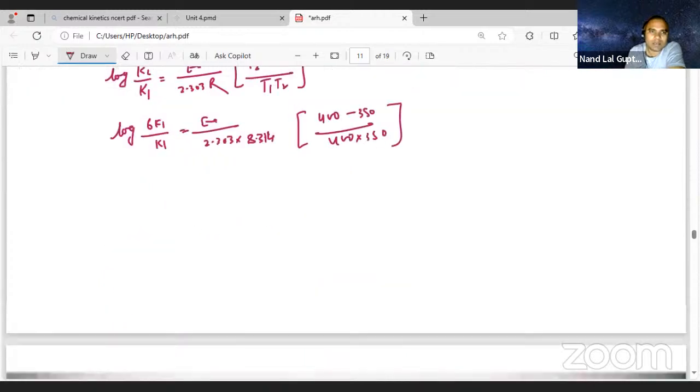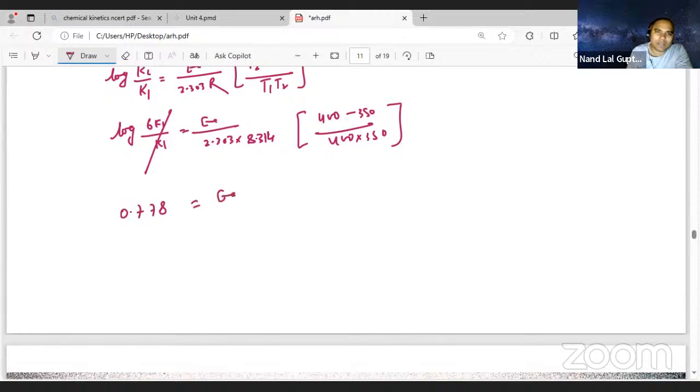So here it is log 6. We have to check the value of log 6. What is the value of log 6? It is 0.778.